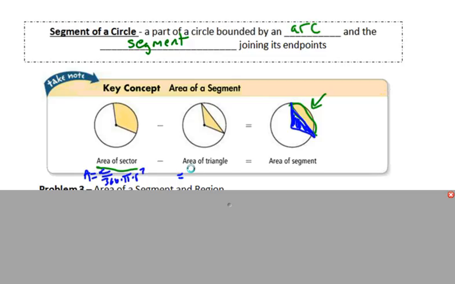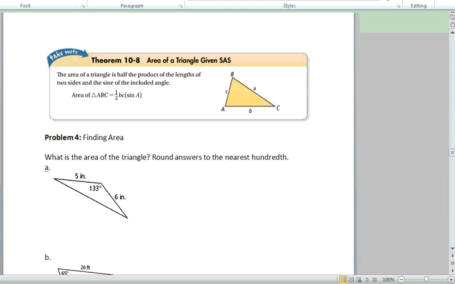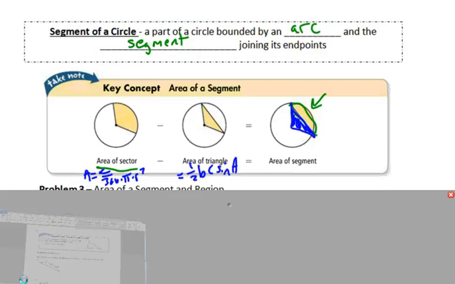It was the area of a triangle. Really, if you know the base and the height, you can multiply that by 1/2. Otherwise, it's 1/2 BC times the sine of angle A. I think I have that right here. That is right there as well. Okay, so we can use that way to find the area, and you subtract that from the area of a sector. So let's do a couple examples for that.